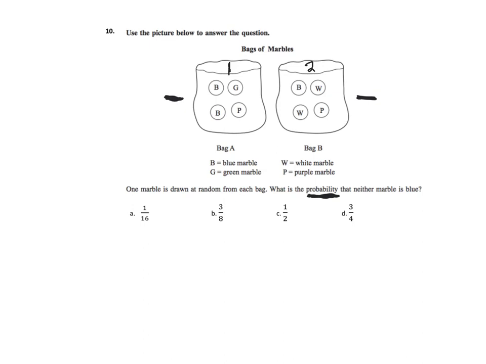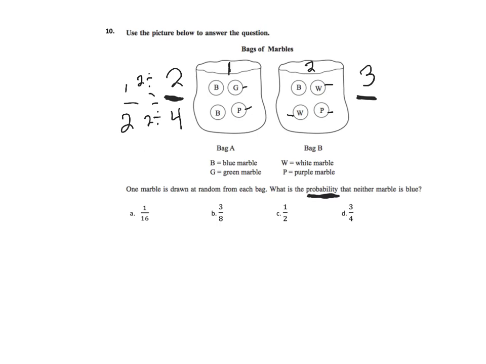In bag 1, we have a green and a purple. So that is 2 out of 4 total marbles. If we reduce that by 2, we can get 1/2. In bag 2, we have a white marble and a white marble and a purple marble. So we're looking for how many are not.